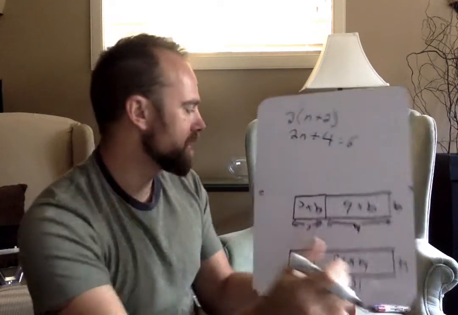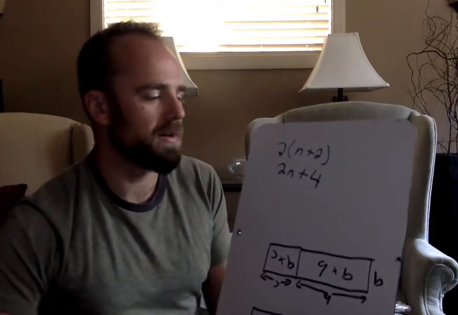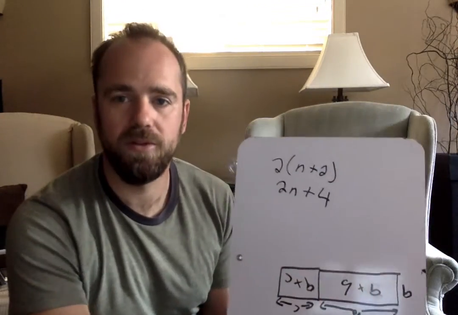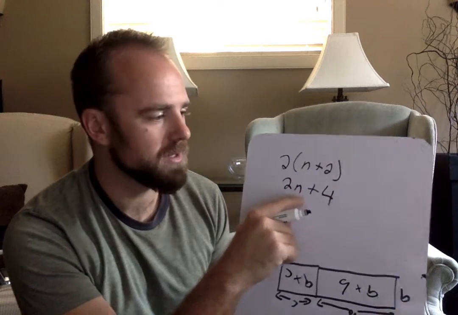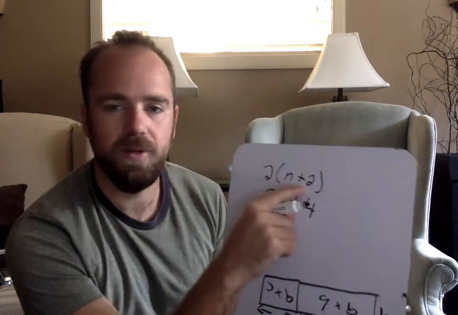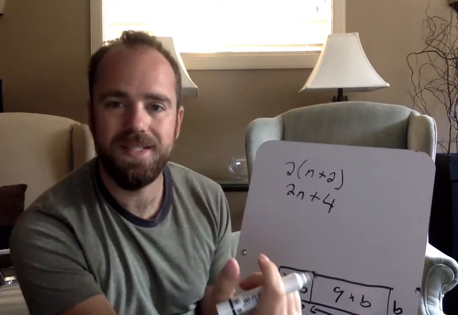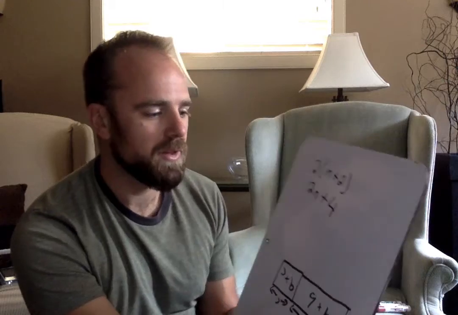We end up getting the same thing. Let's try it with our variable equal to 3. 2 times 3 is 6, plus 4 is 10. And 3 plus 2 is 5, times 2 is 10. So it works out the same way. We get the same answer with each of them.